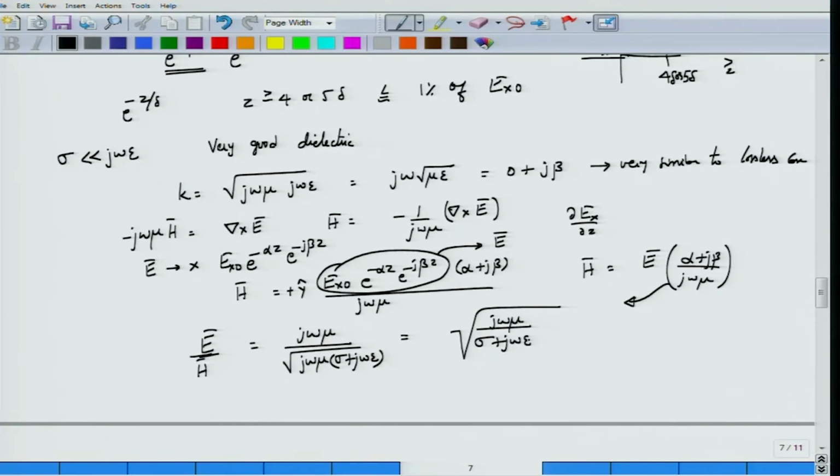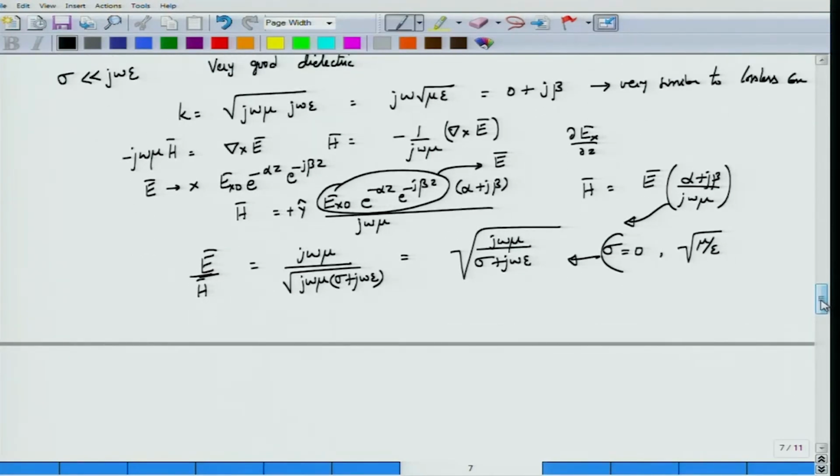You can convince yourself that this expression must be true, because when you take sigma equal to 0, this ratio of E by H, which is basically the ratio of the electric and magnetic field vectors and describes the wave impedance, will reduce to square root of mu by epsilon, and for the case of free space this will be equal to square root of mu0 by epsilon0. So this equation is correct, and that checks out with the case that we already know how to compute the wave impedance. But there is actually a significant thing that has happened over here.